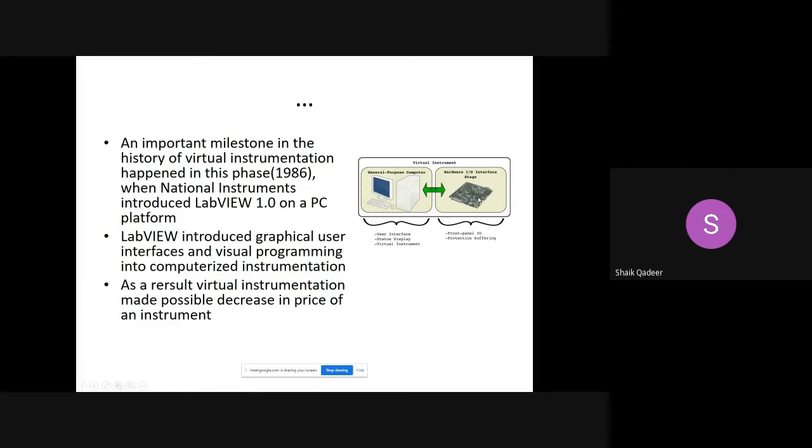In Unit 3 we will see this data acquisition system in detail. But now these figures demonstrate where exactly the data acquisition system is available in our virtual instrument.